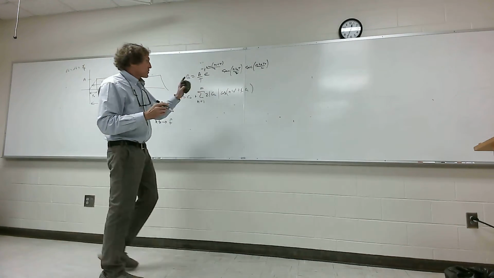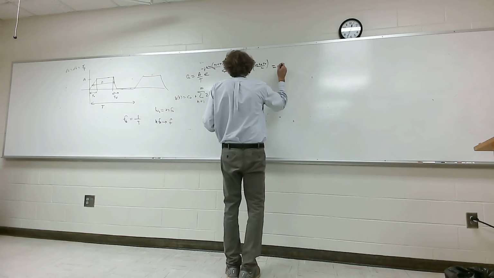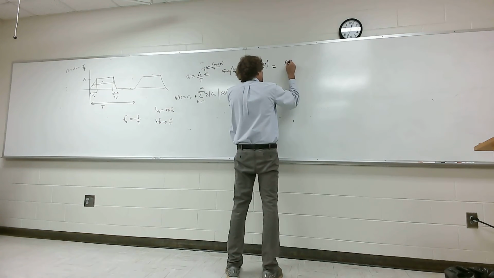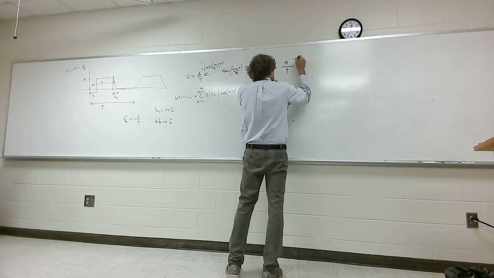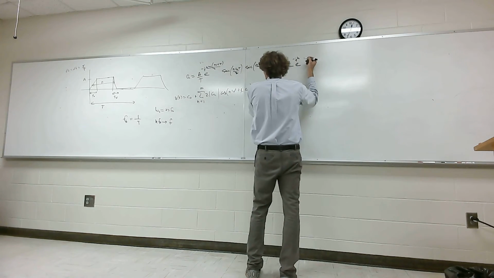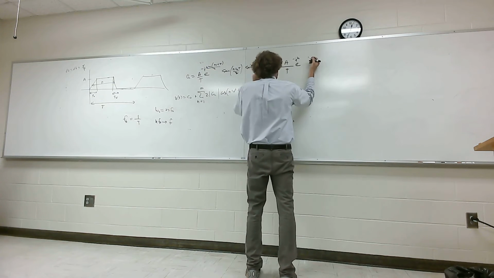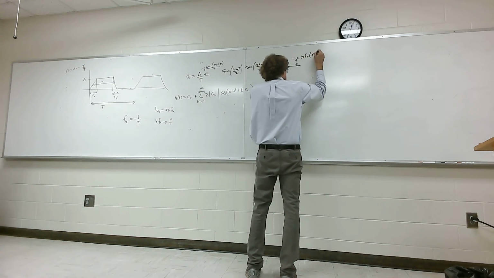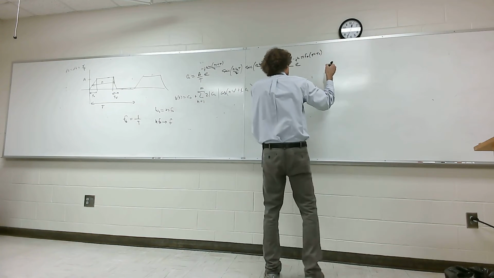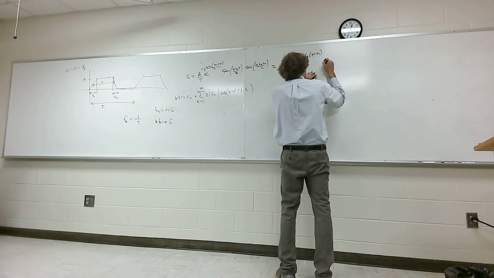We're going to let n f naught become f. So over here, this becomes A over T, e to the minus j, n omega naught over 2 becomes just pi times f naught times tau plus tau rise. This will be of no consequence in a second.